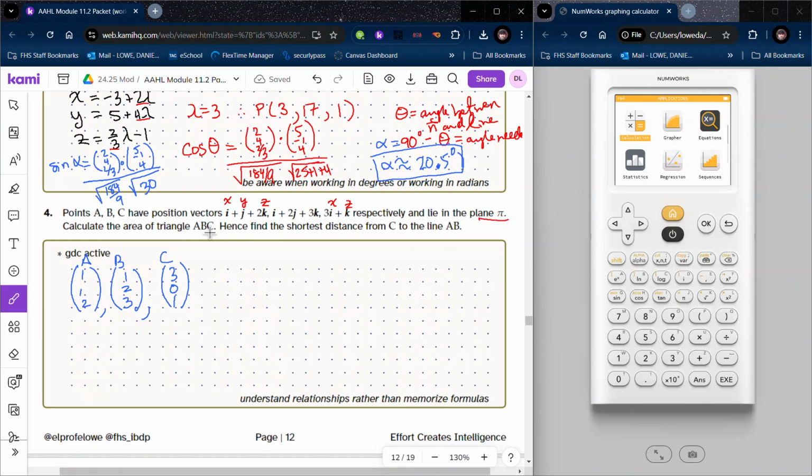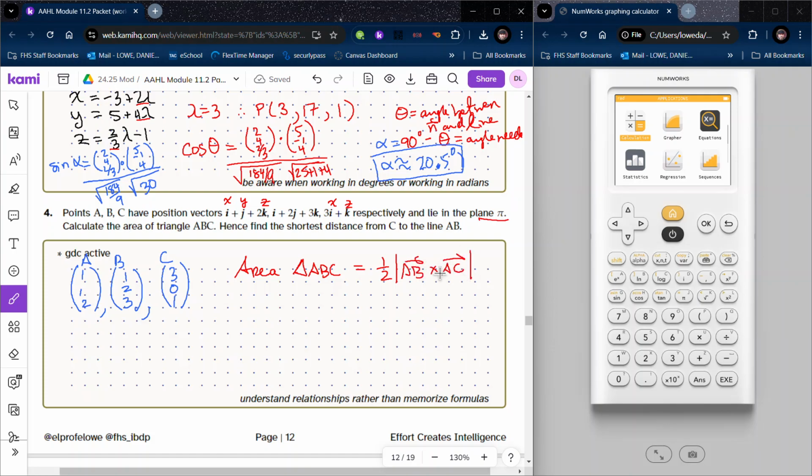We want to calculate the area of triangle ABC, right? To calculate the area of triangle ABC, we can use 1/2 the magnitude of AB cross AC.